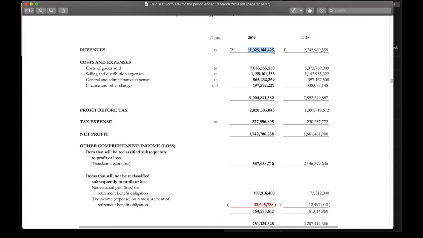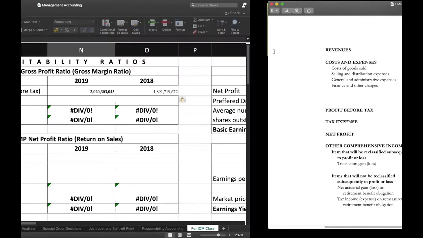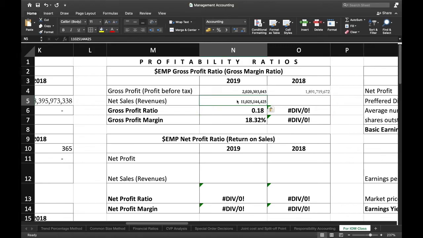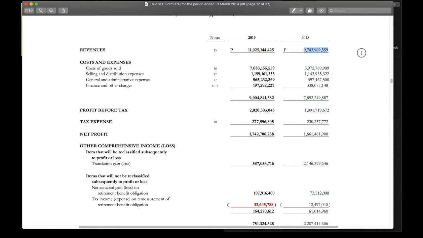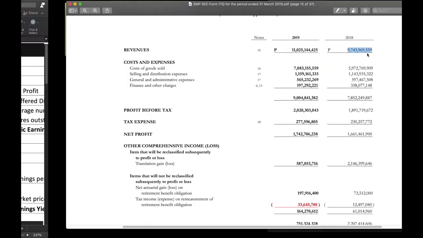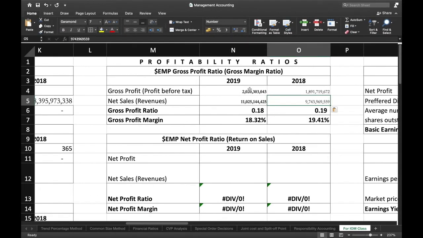For net profit, we have already deducted all the costs and expenses that should be deducted. This is 11. Next, for 2018, copy and paste. And let's get this 12.